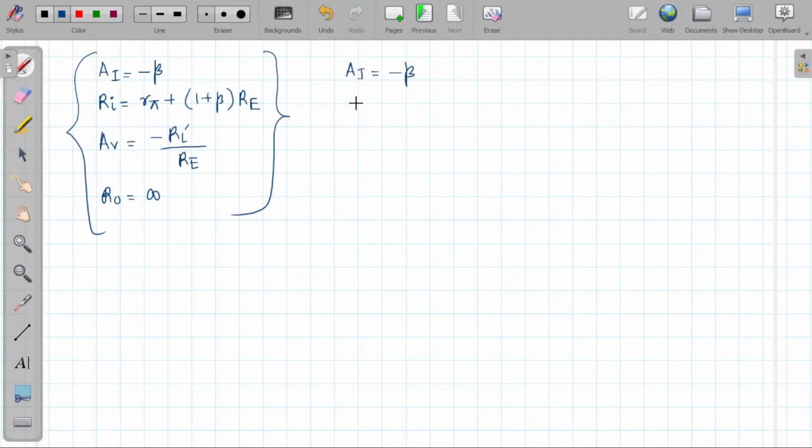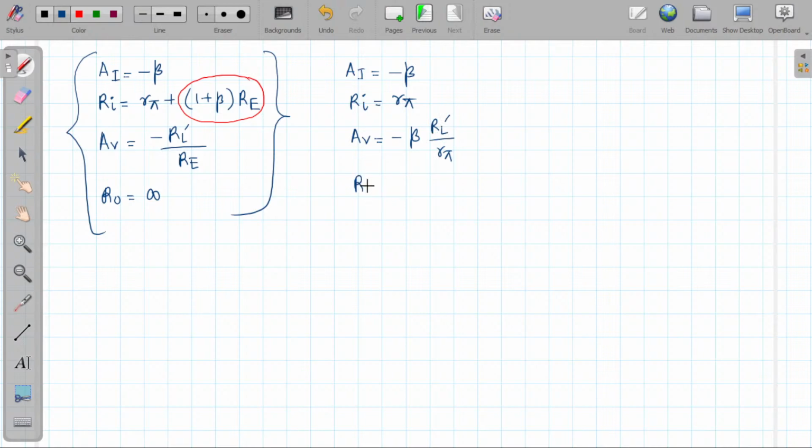RI was R pi. There is an extra term here for the case of emitter resistance. Next, the voltage gain was minus beta into RL dash divided by R pi.